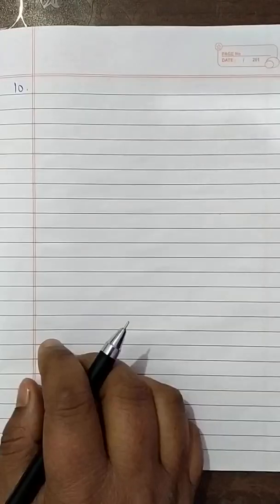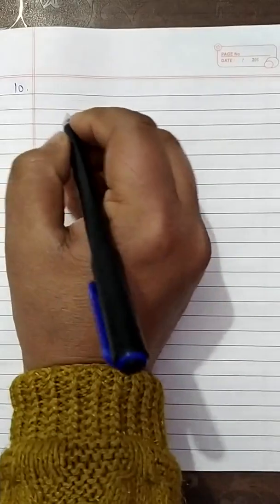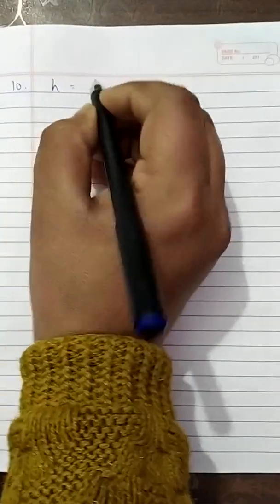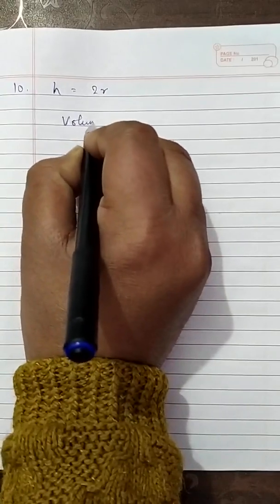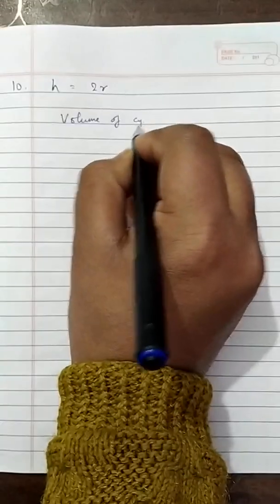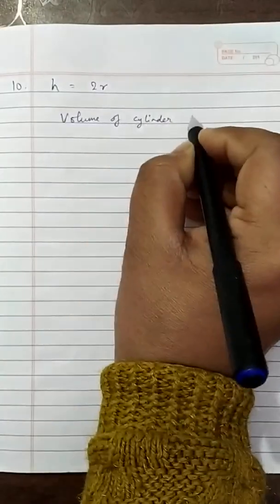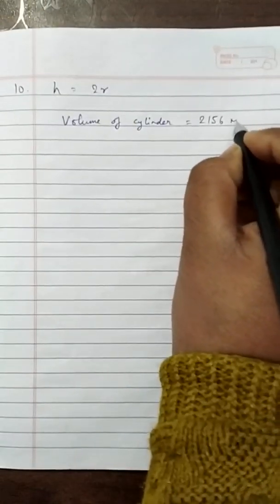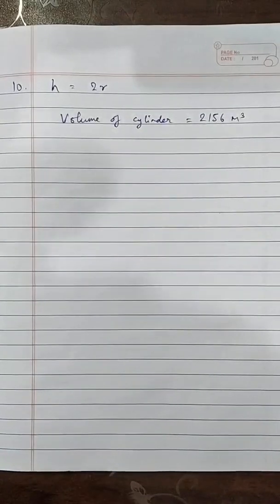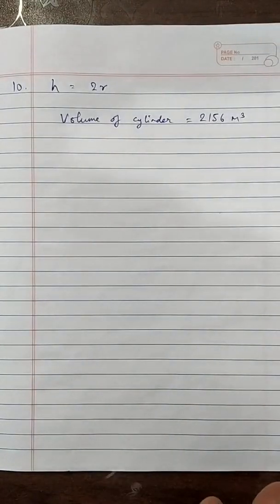4:9. In question number 10, it is said that height is twice the radius. So h is equal to 2r. Volume of the cylinder is given to us, 2156 meter cube, and we have to find the radius and the value of height.